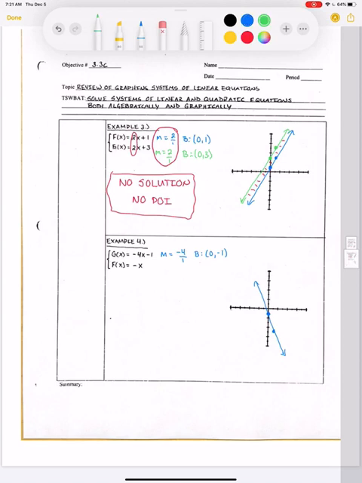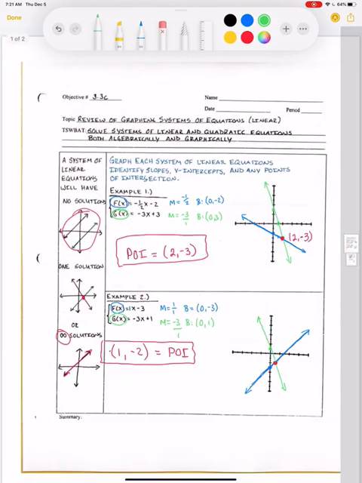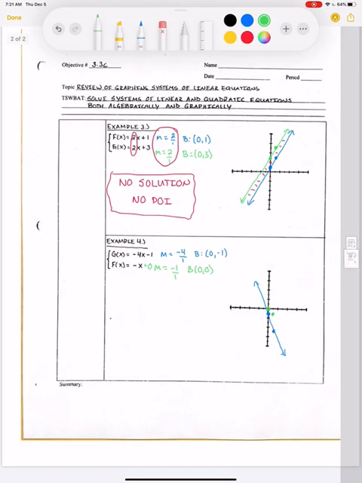F of x is going to have a slope of negative 1 over 1, and it doesn't actually have a y-intercept, so you can say that's plus 0. That means our y-intercept would be at the point 0, 0, so at the origin. And my slope tells me I'm going to go down 1 and to the right 1. And if I connect these lines.